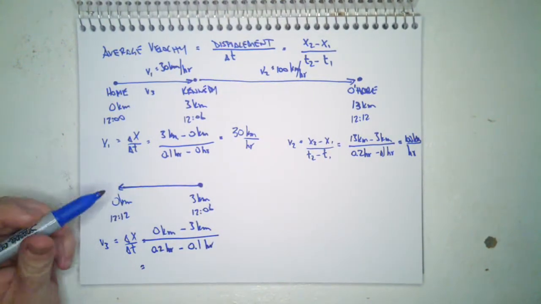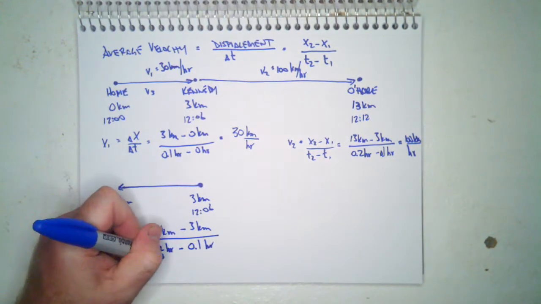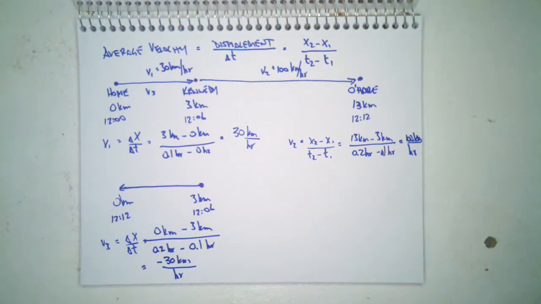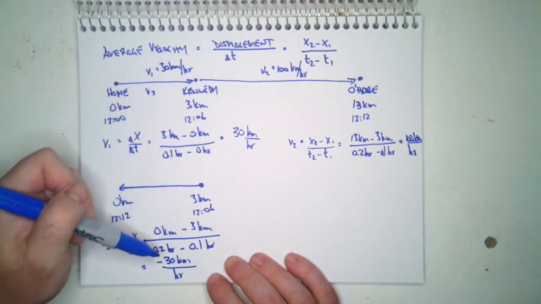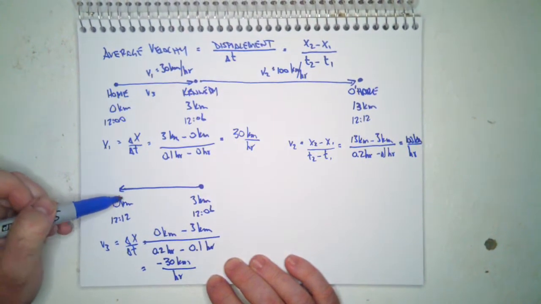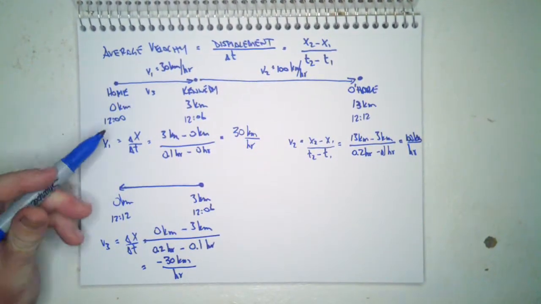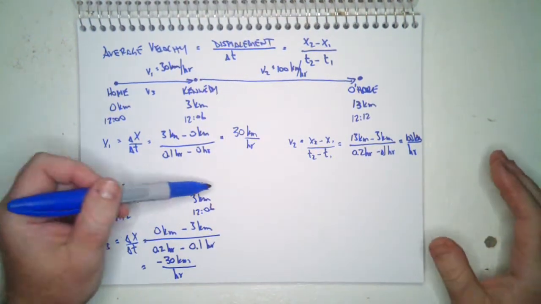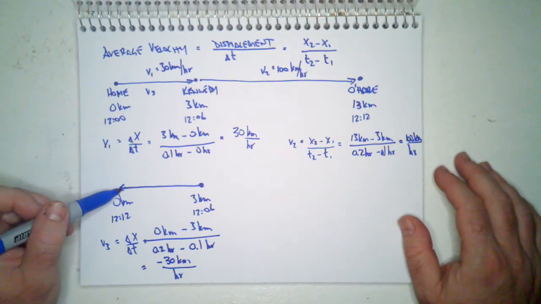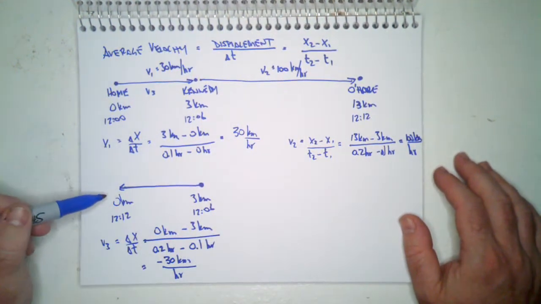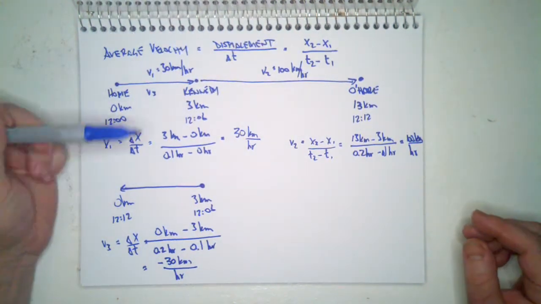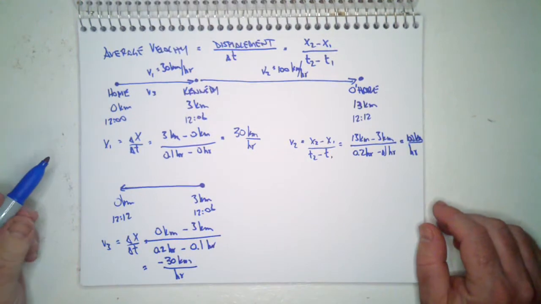Now if we do the math here, we get negative 30 kilometers per hour. Now notice, the magnitude is exactly the same, but the direction is different, because 0 is the home where we started at. Normally, we make 0 where we start at any time, but we're talking about a round trip. Going back the way we came is usually negative. So going east is in the positive direction, going west is in the negative direction.